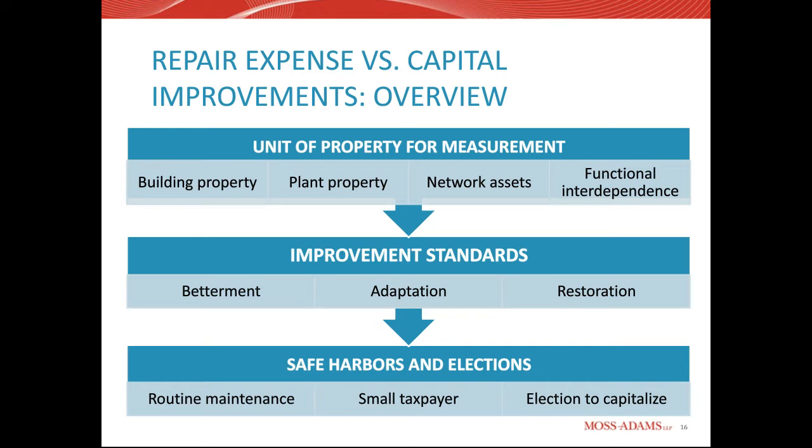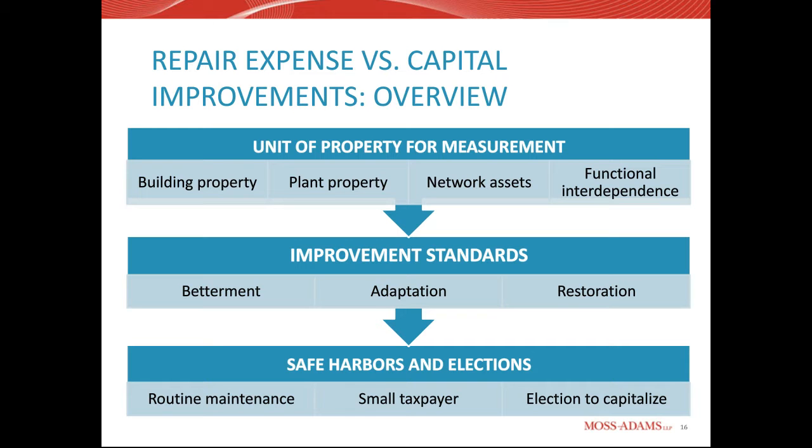And for the purposes of this presentation, we'll look at building property. And really what the IRS did is it determined a number of different units of property related to building property, how to apply the improvement standards to determine whether it's a repair expense or a capital improvement.